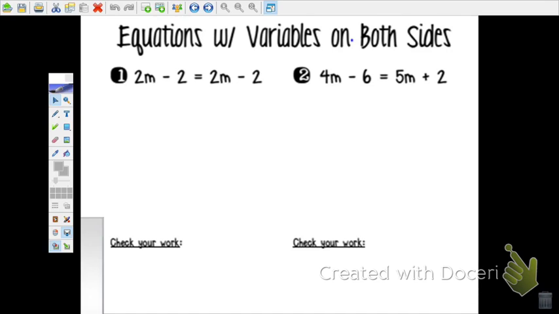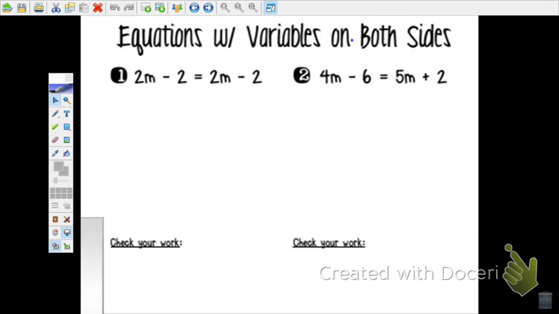We've got a 4m on the left side, we've got a 5m on the right side. It doesn't matter which one we choose to eliminate, but there is one that's going to be easier and, again, force fewer errors.